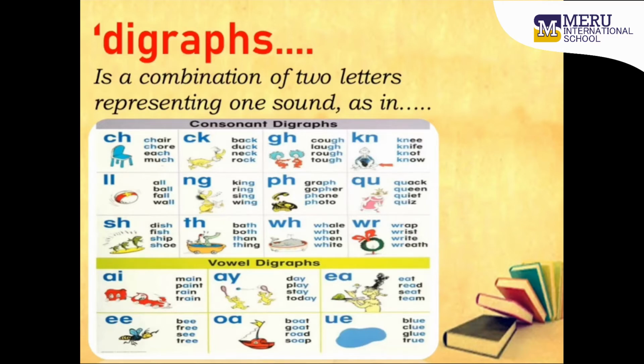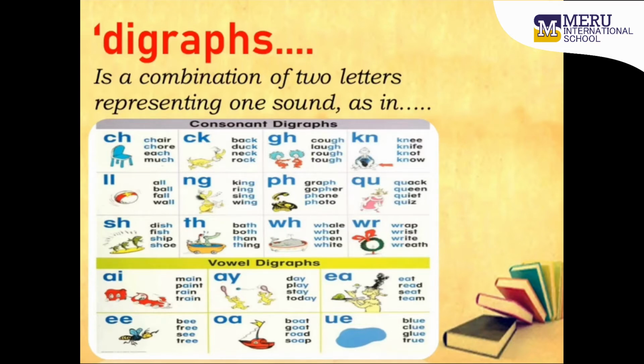There are a few vowel digraphs also where they give a new sound, as in AI, main, paint. AY gives the sound of A, day, play. EA gives the sound of E, eat, read.